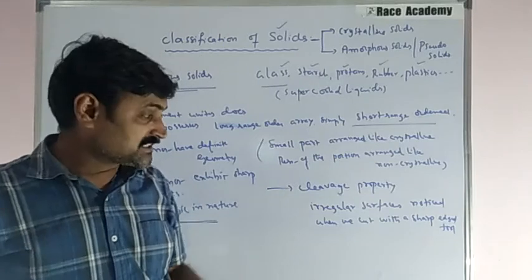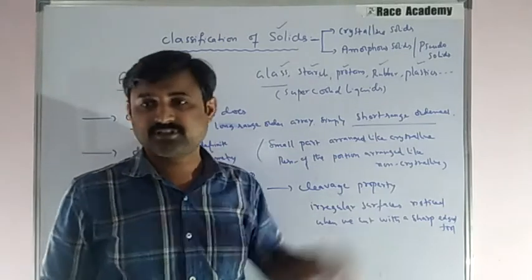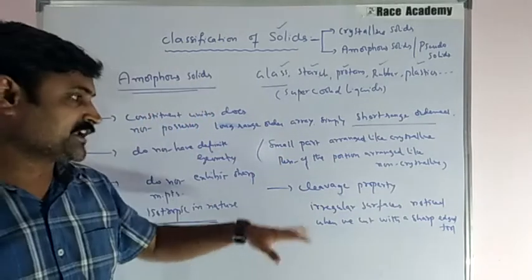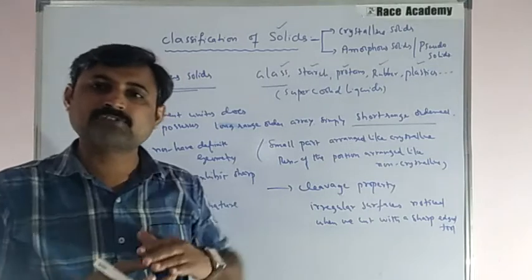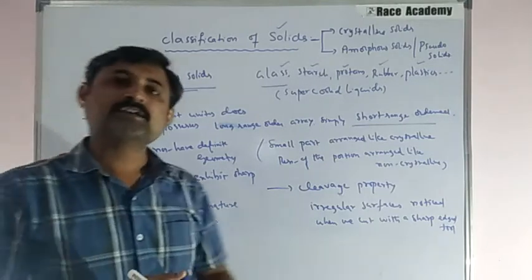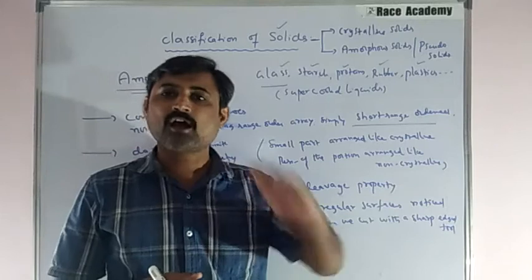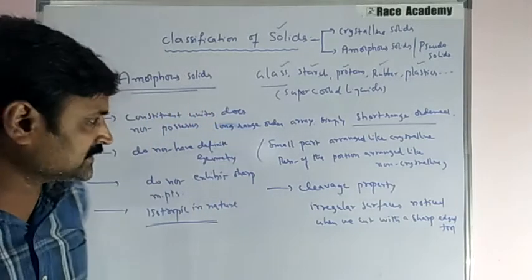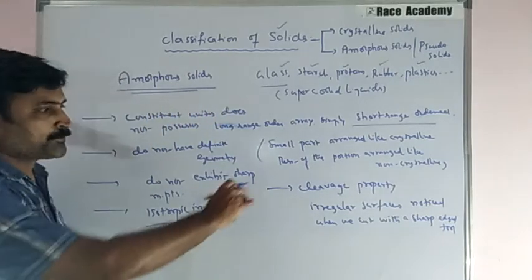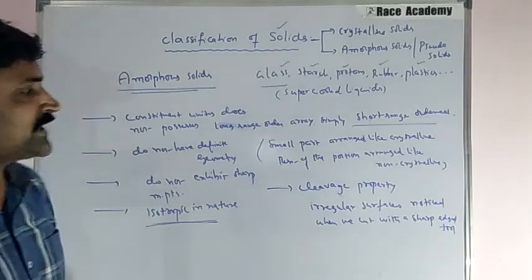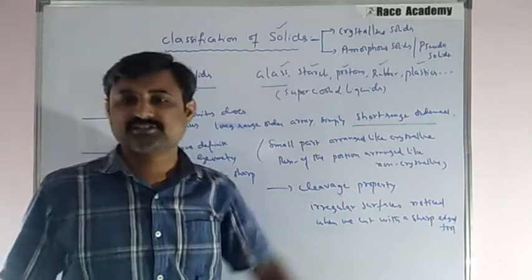The surface is an irregular surface. The face of the cut part of the solid is not planar. That is an important property of amorphous solids when you compare them with crystalline solids.